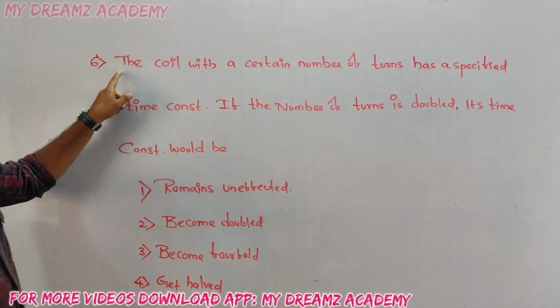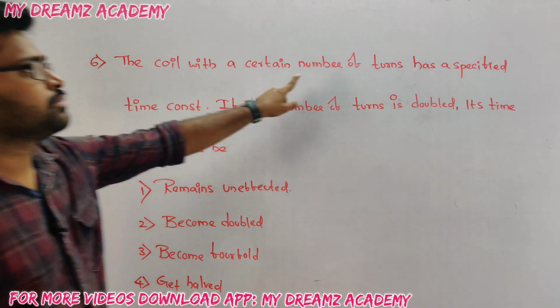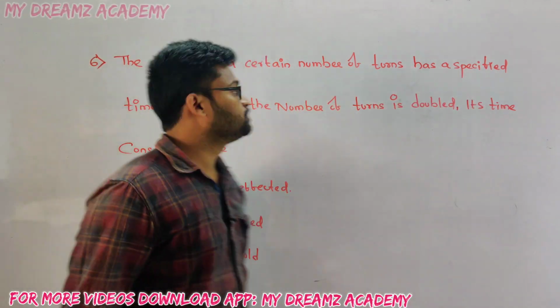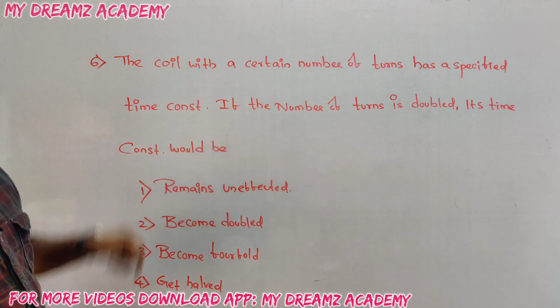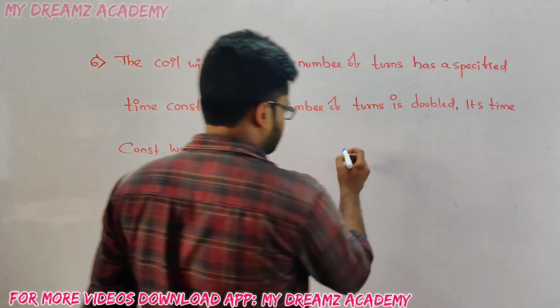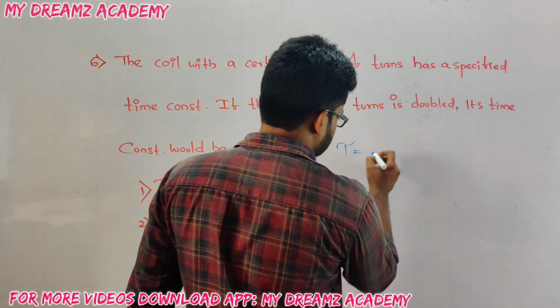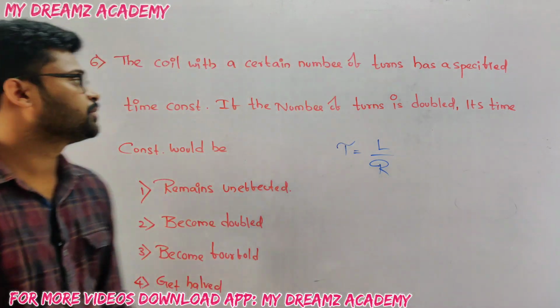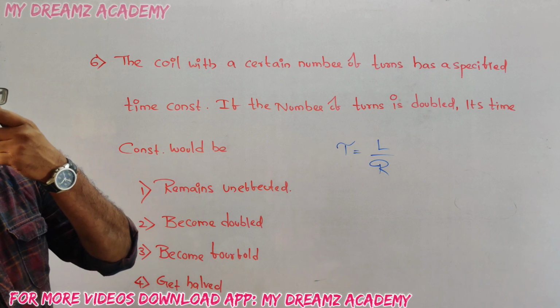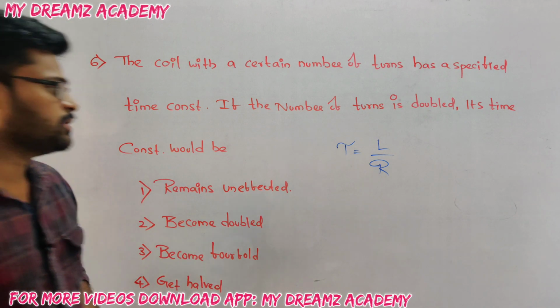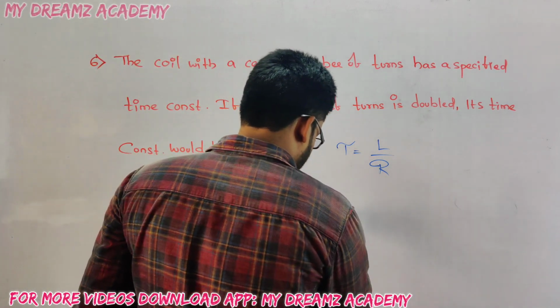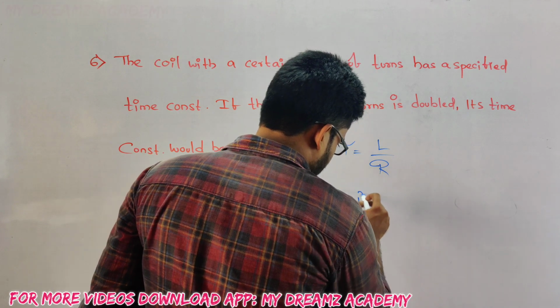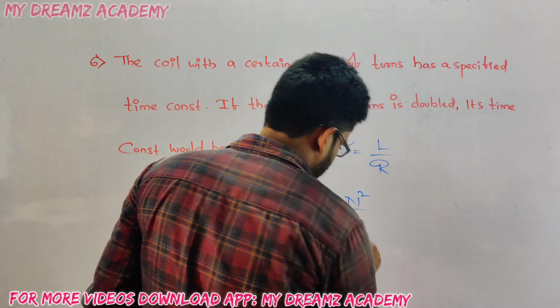The sixth question: a coil with a certain number of turns has a specified time constant. The time constant for a coil, tau, is equal to L by R. If the number of turns is doubled, what would its time constant be? We know L is equal to N square divided by reluctance.